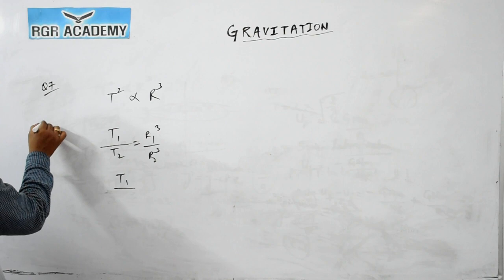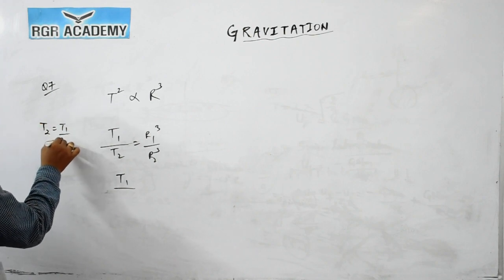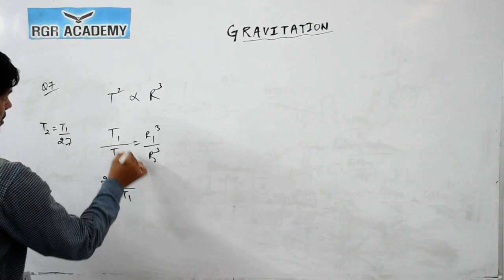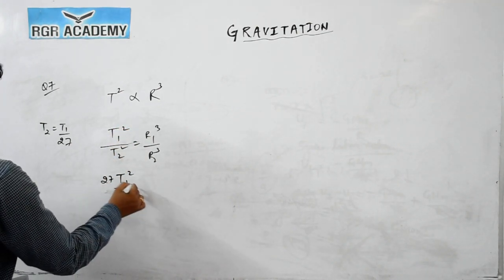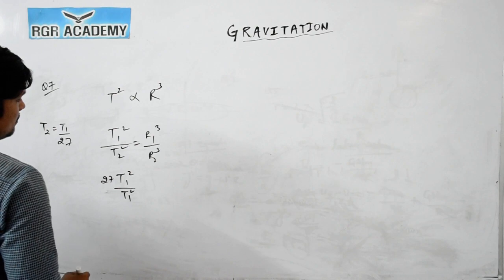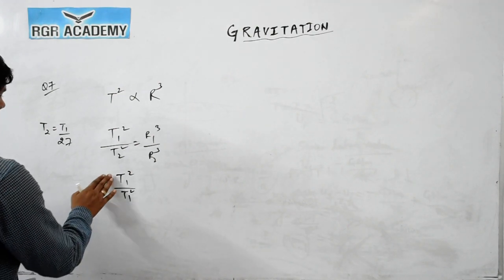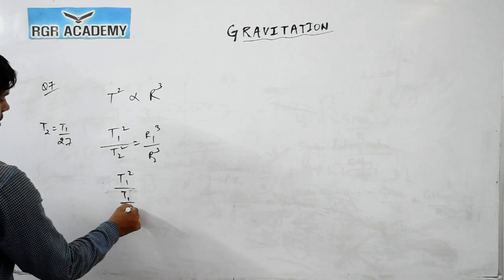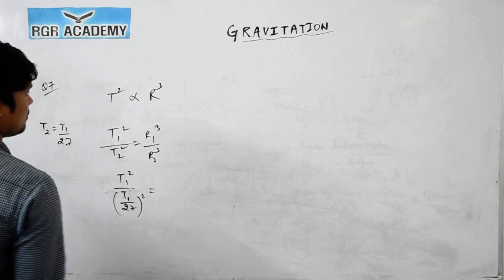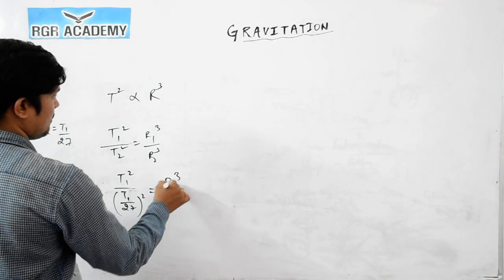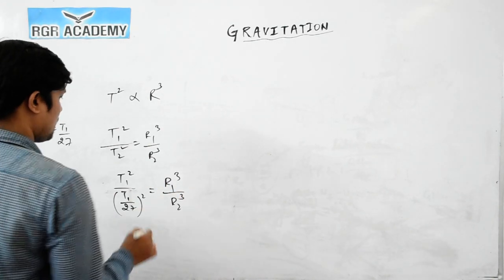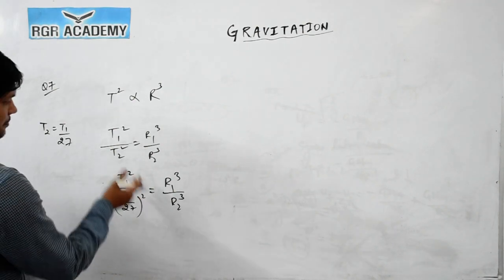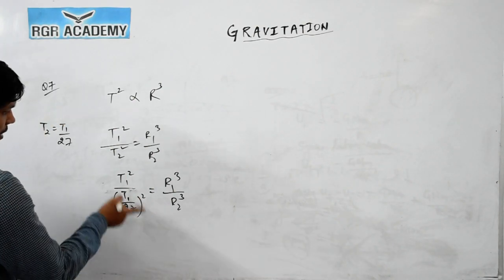So T2 will be equal to T1 by 27. Substituting, T1 by 27 square should be equal to r1 cube by r2 cube. You are asking for the ratio of radii, so T1 square will cancel out.